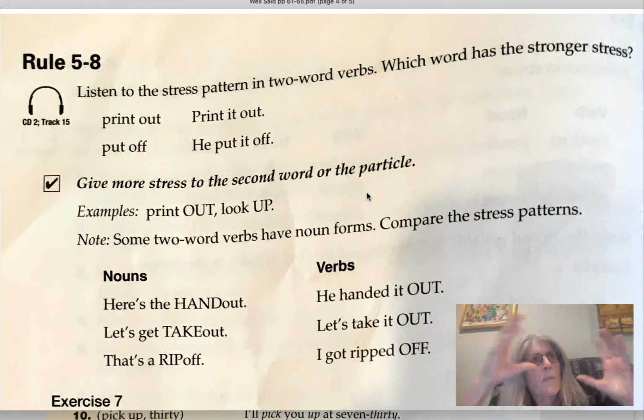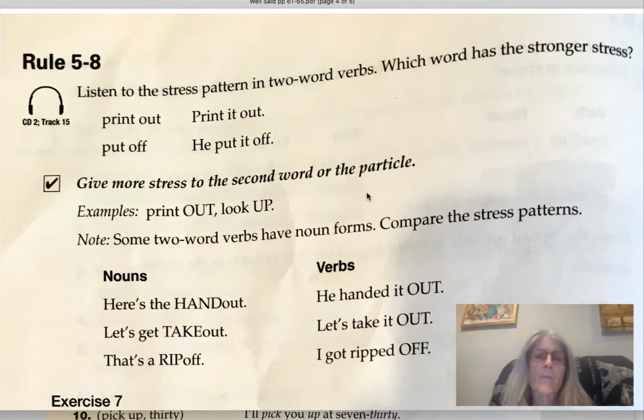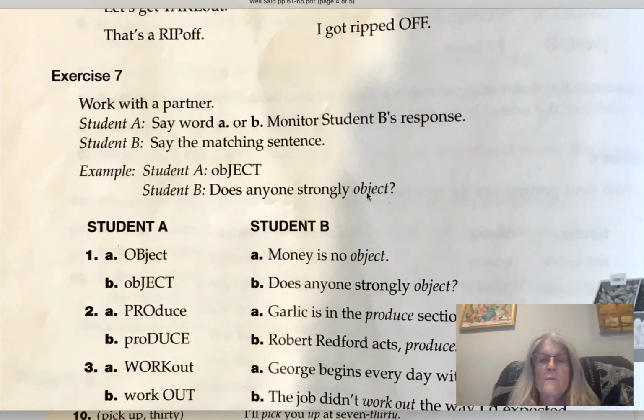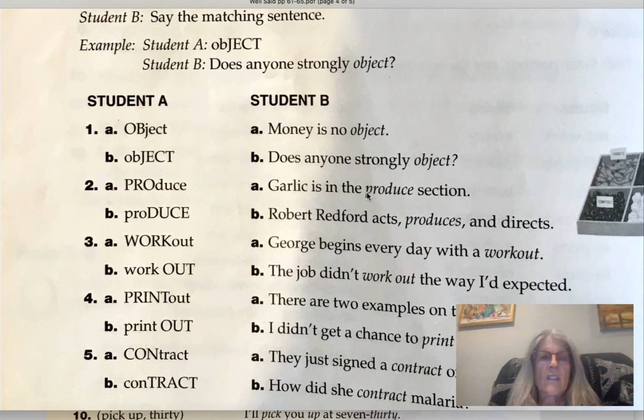And then if I'm just talking about the act of that itself, then I say, that's a ripoff. They shouldn't have done that. You got ripped off. So English is pretty crazy, right? If you're using it as a verb, you're going to put the stress on the particle. And if you're going to use its equivalent noun form, you're going to put the stress on the first syllable. And that's something to take a look at. And here are some very, very common ones in English.